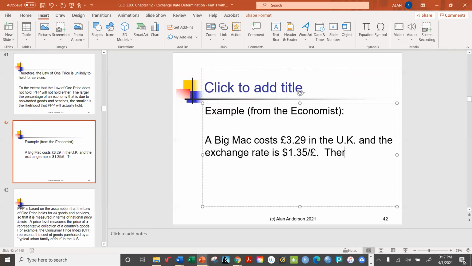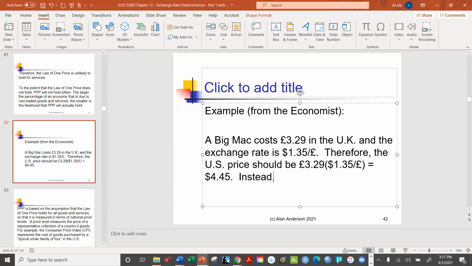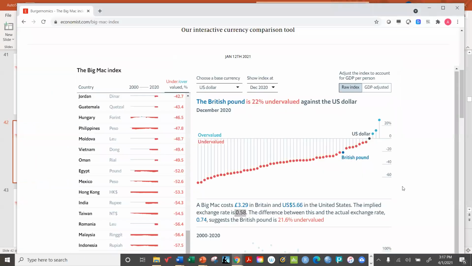Therefore, we multiply these together, and that implies that the US price should be $4.45.